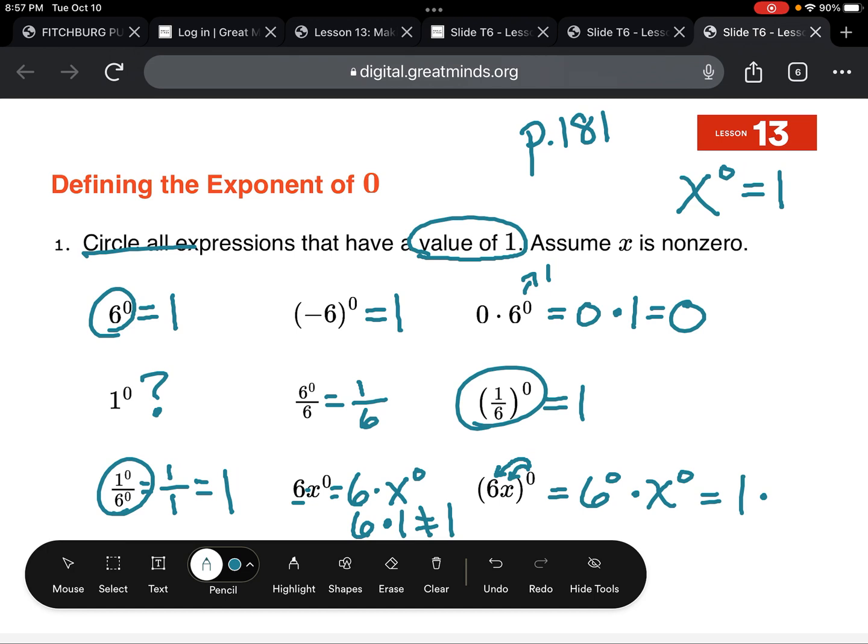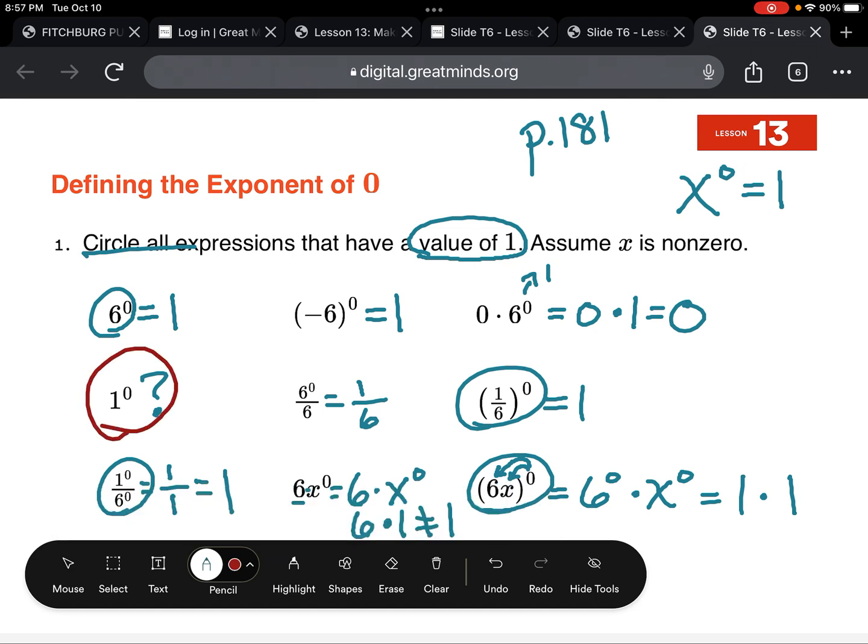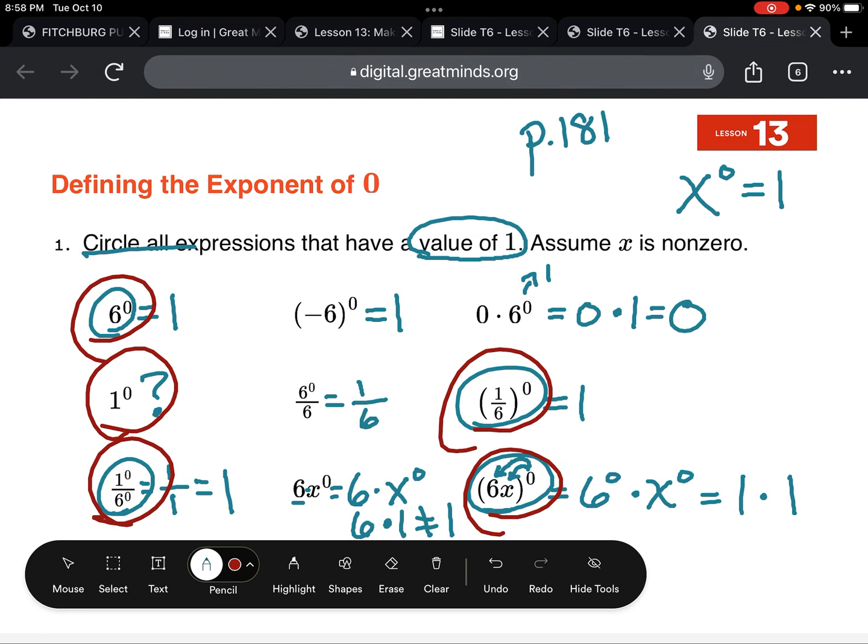Whatever x is, x to the 0 power is going to be 1. So this one we would circle. This entire expression does equal 1. So hopefully you've figured out that yes, you should be circling 1 to the 0 power, right? So these are the expressions that have a value of 1.